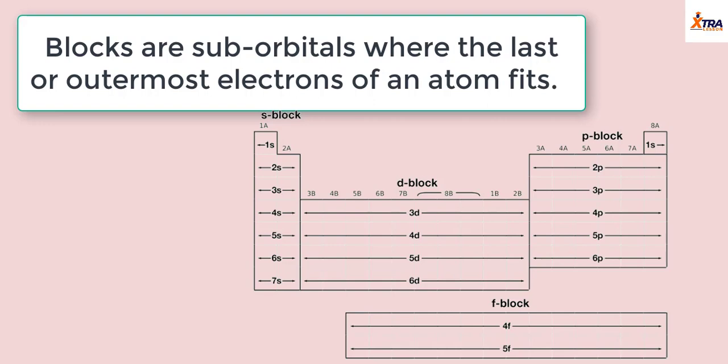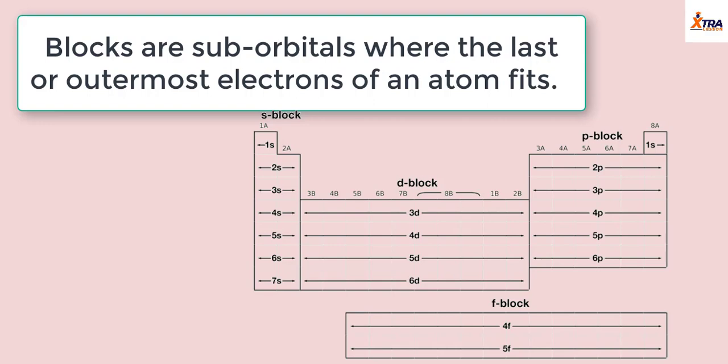In the periodic table, groups 1 and 2 elements are S block. Groups 3 to 0 elements are P block. The transition metals, which are between groups 1B to 8B, are D block elements. While the lanthanides and actinides are F block. We'll talk about all these in detail.